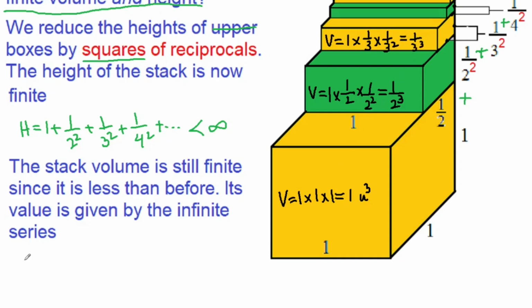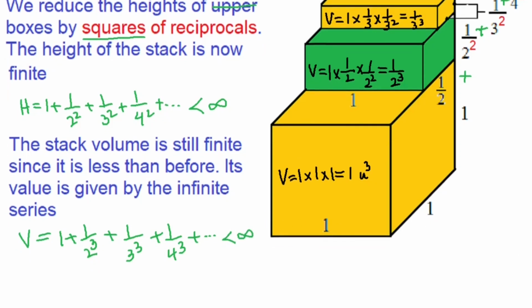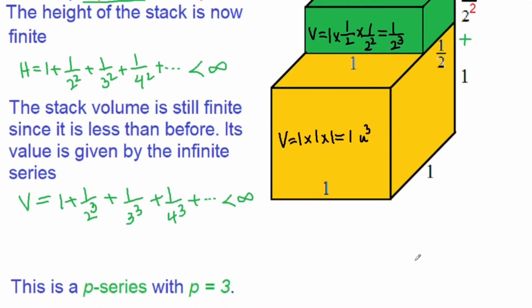So we end up with a series for volume that looks like V equal to 1 plus 1/2 cubed plus 1/3 cubed, and so on. And this is also a convergent infinite series because it's a p series with p equal to 3, and therefore 3 being bigger than 1, we get a convergent series. So in this case, everything is finite.